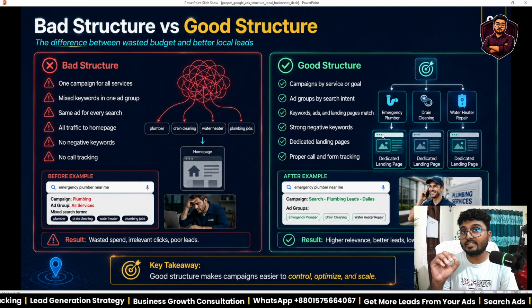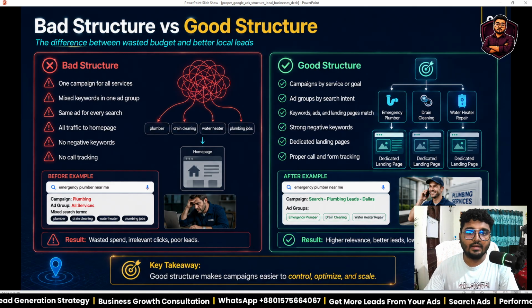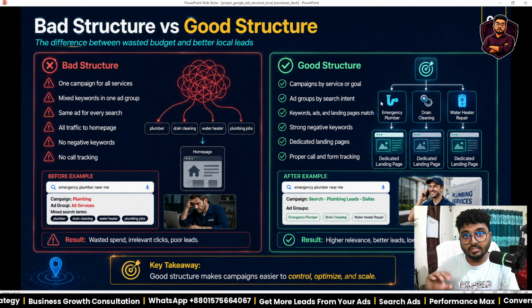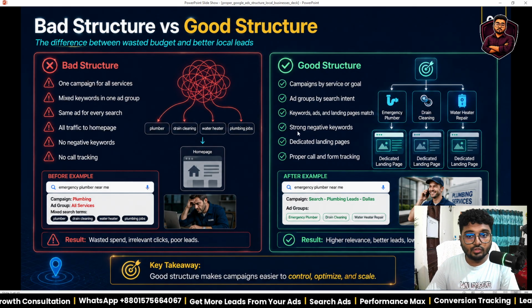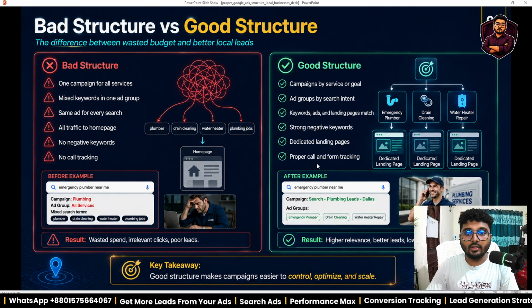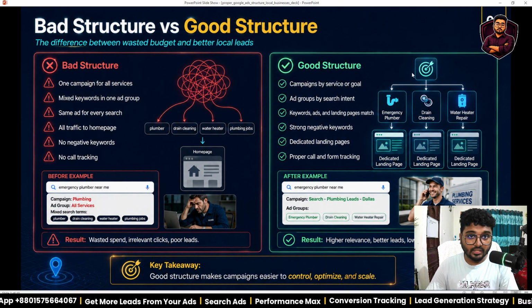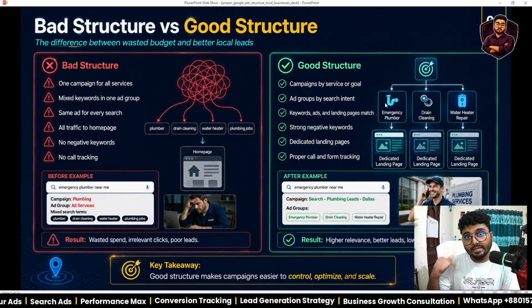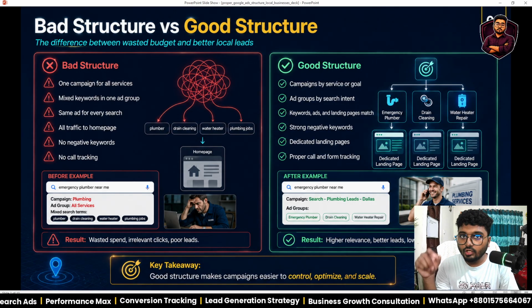And what does a good structure do? Listen carefully. Campaigns by service or goal, ad groups by search intent, keyword, ad and landing pages match, strong negative keywords, dedicated landing pages, proper call and form tracking. So this is a good account structure example: first a campaign, then an emergency plumber ad group, drain cleaning ad group, water heater repair ad group, and we put a dedicated landing page for each ad group.